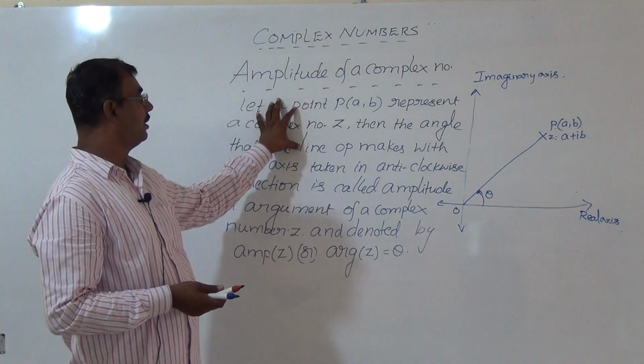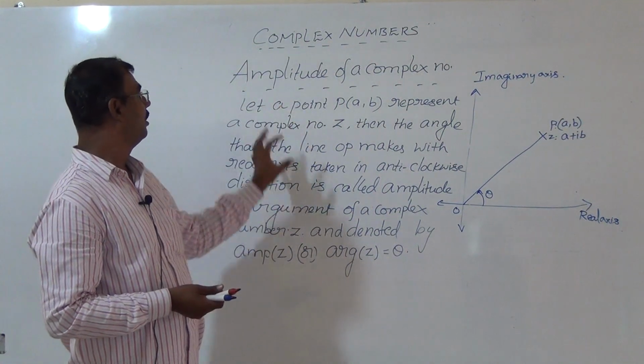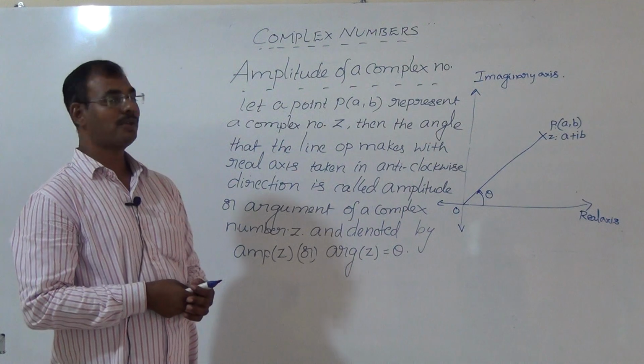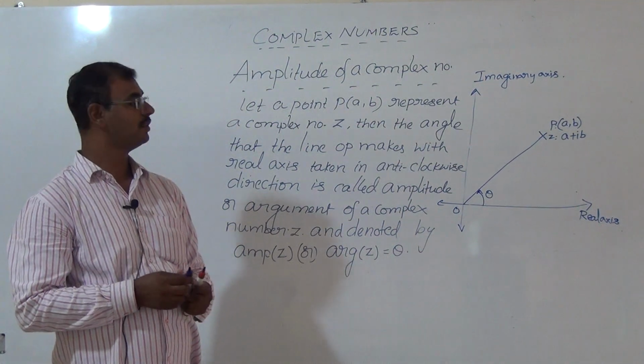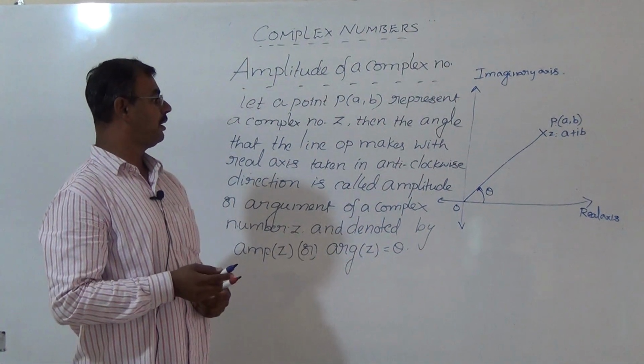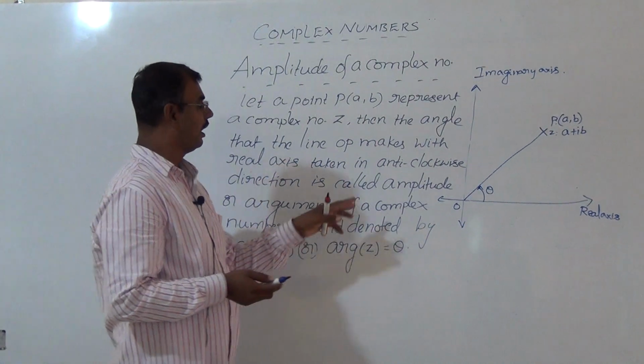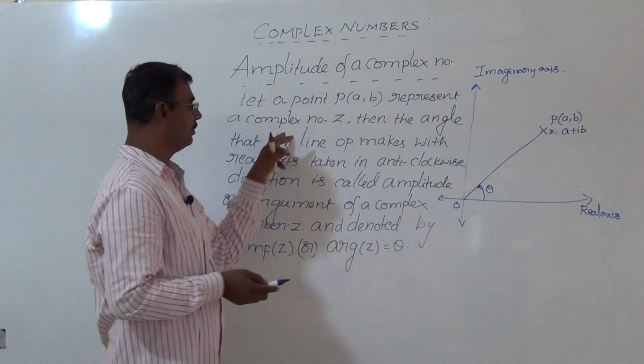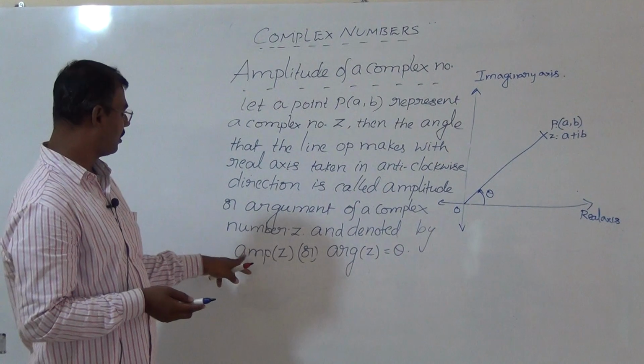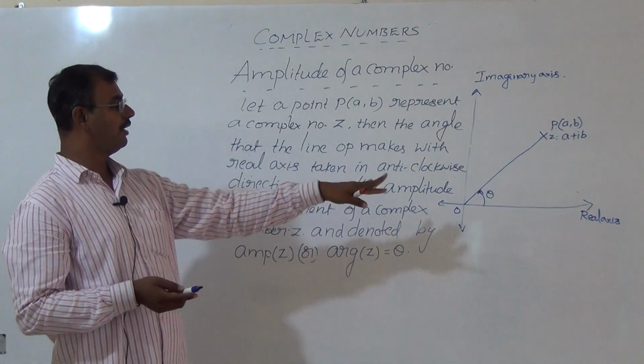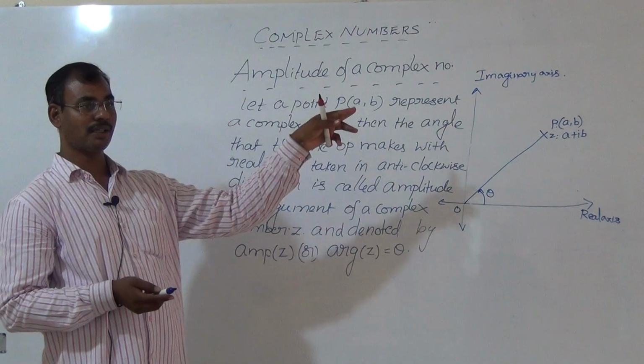How to define the principal amplitude of a complex number? Remember, all of you, the amplitude value or argument of z always lies between 0 and 2 pi here.